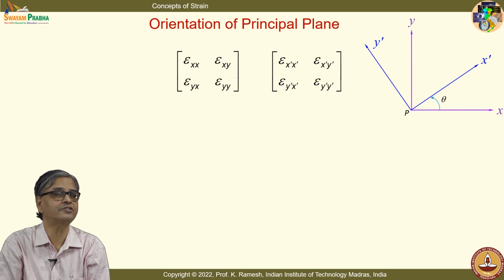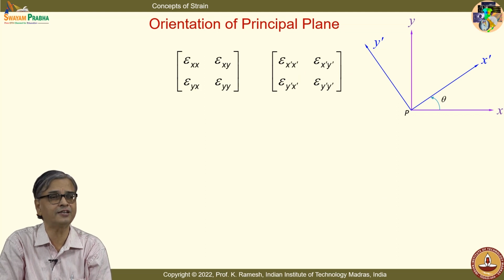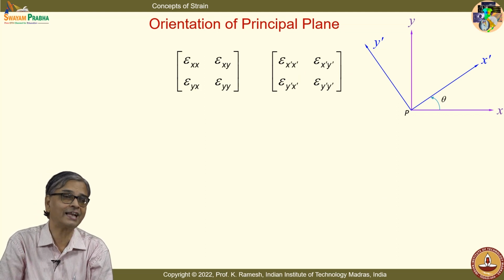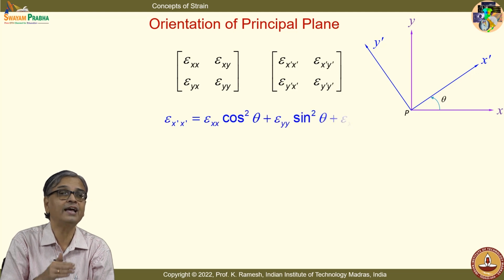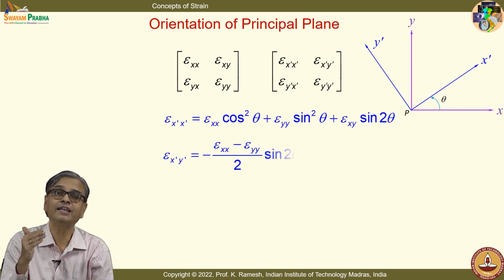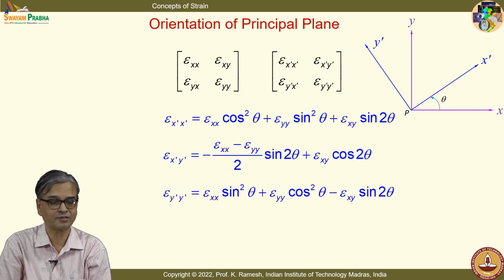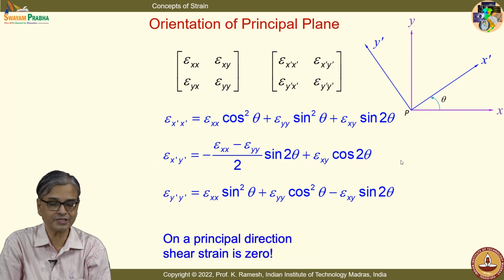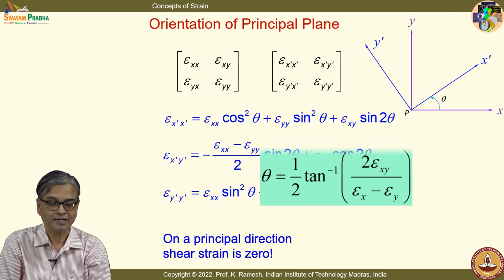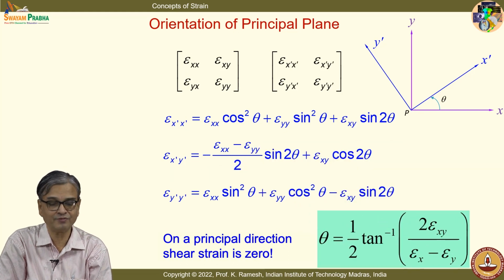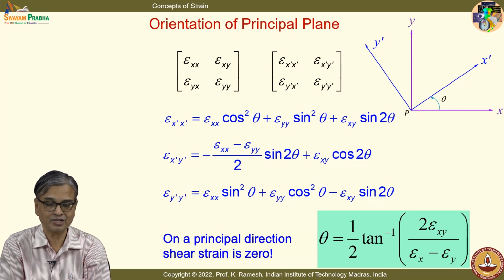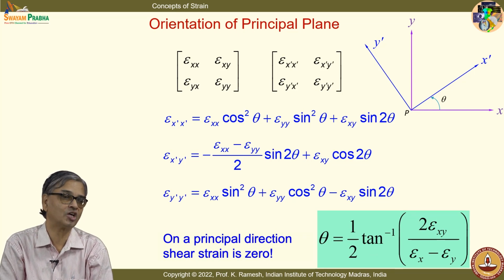You know from strain transformation law, you define principal directions are those where you do not have any shear strain. So that again reduces to what? When I say epsilon x prime y prime goes to 0, gives me the expression theta equal to half of tan inverse 2 epsilon xy divided by epsilon x minus epsilon y.